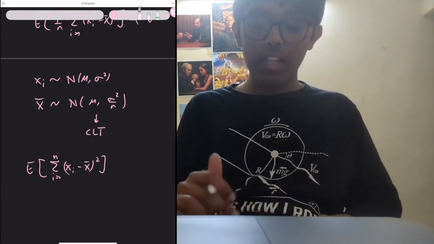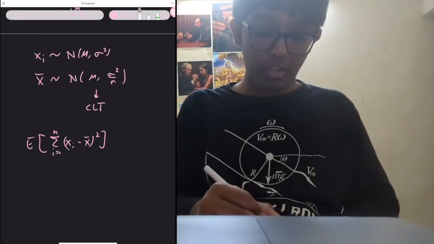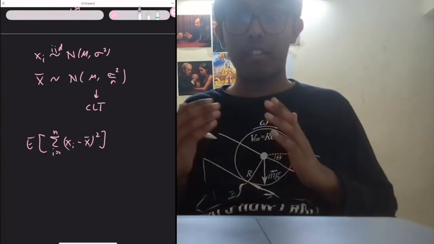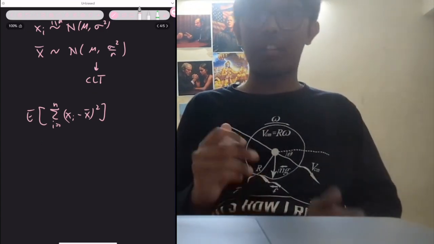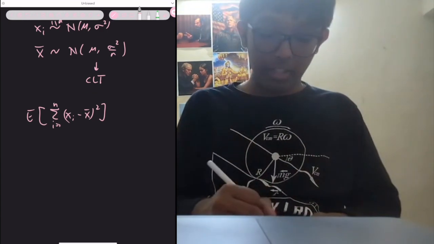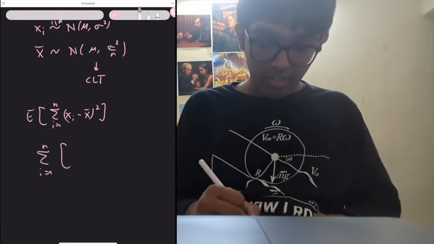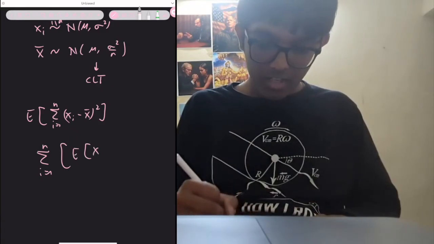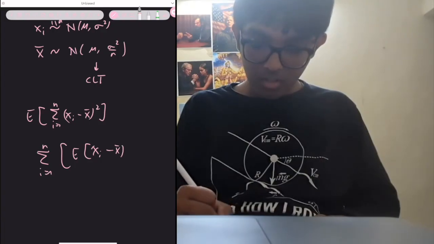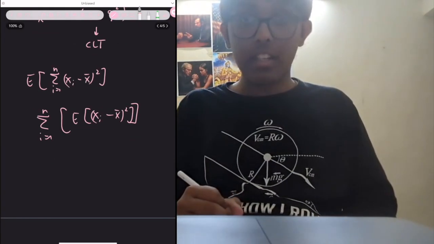Since xi's are independently and identically drawn, that's important, and since expectations and summations are interchangeable, we can just write summation i equal to 1 to n of expectation of xi minus x bar whole square. Okay, so now let's just look at any random xi.